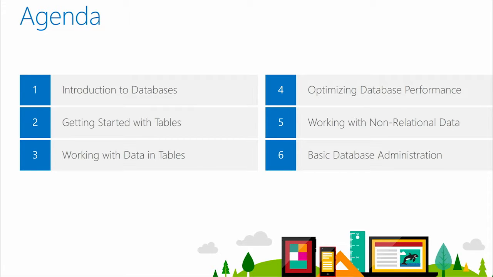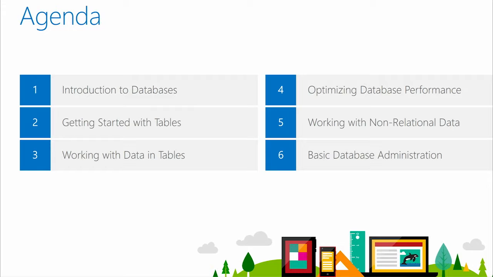Sure. So this course is broken out into half a dozen modules, such as this brief introduction, which will roll right into our getting started with tables. We'll talk about the structures of database tables and where they live and why you need them. We'll talk about how to get data into them, how to get data out of them, how to make changes. And then we'll move into the system support for databases.